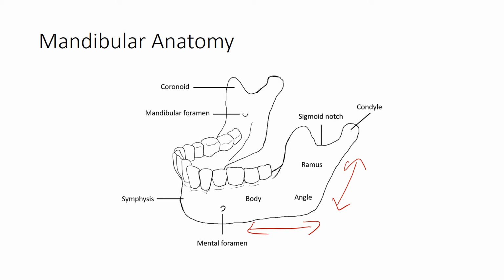Other people just call this area the ramus, and it's assumed that they're talking about the vertical ramus. What makes it even more confusing is that you can get a horizontal fracture of the vertical ramus. You can also get a vertical fracture of the vertical ramus, or some people just call it the ramus. Fortunately, both these fractures are very rare.